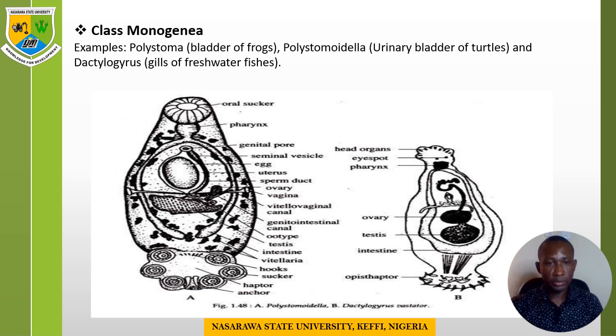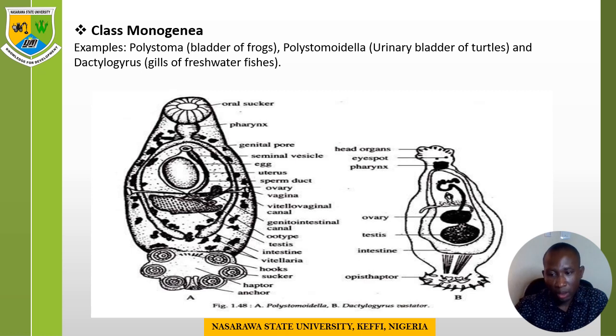Another example is Polystomoidella, which is part of this class and is found in the urinary bladder of turtles. And then we have Dactylogyrus, which is located in the gills of freshwater fishes.